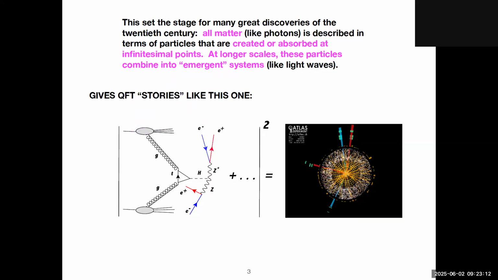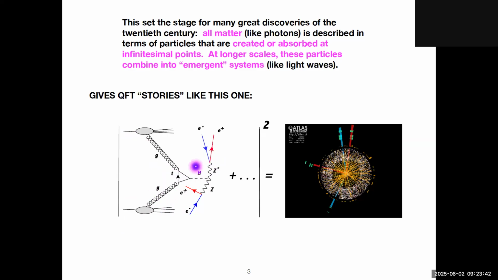And here's a story, which is a famous one from now over a decade ago. The story involves QCD, the energy supplied by two colliding protons, manifesting itself locally in terms of two gluons, which merge by creating a top loop, which then couples and produces a Higgs particle.